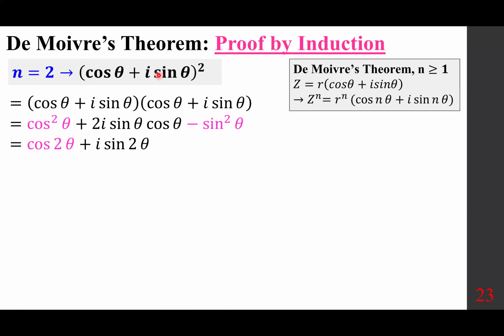And please understand, when you raise this to the power of 2, this becomes minus, because it's i squared sine squared. i squared is -1. So cosine squared minus sine squared is the same as cosine of 2 theta. Now, what about 2i sine theta cosine theta? Everybody knows 2 sine theta cosine theta is sine of 2 theta, right? So it works for n equals 2.